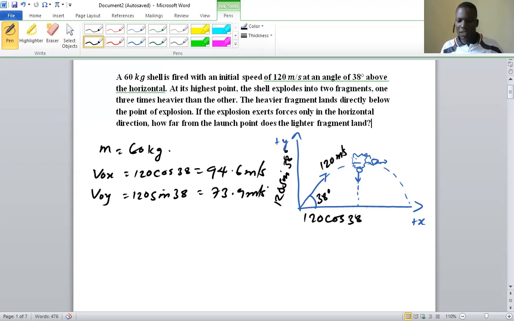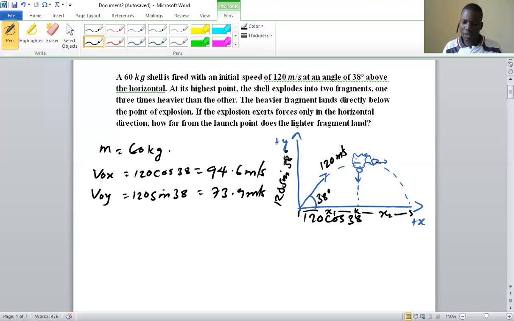Now the first thing we need to do is find the first distance, let's say X1, where the explosion took place. And then from there, we can find another distance, which we can label X2, that was covered after the explosion by the lighter fragment of that shell.